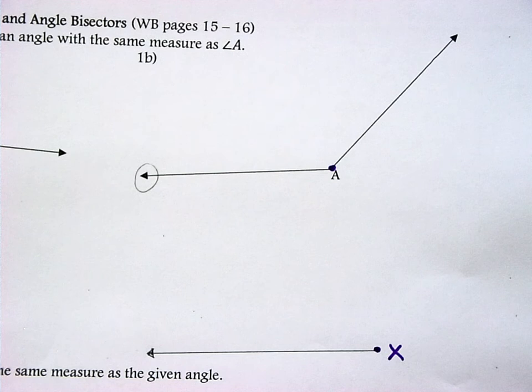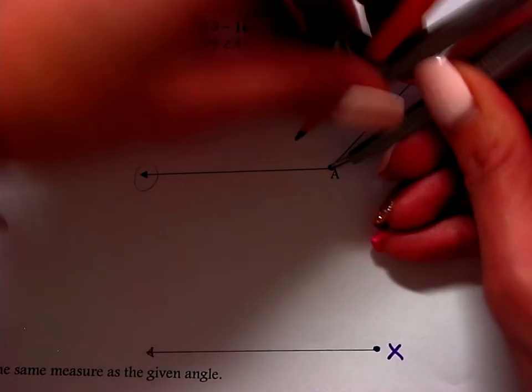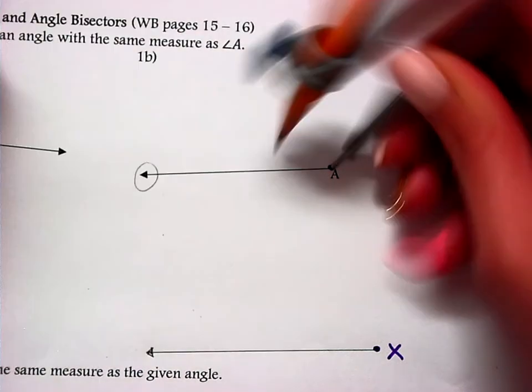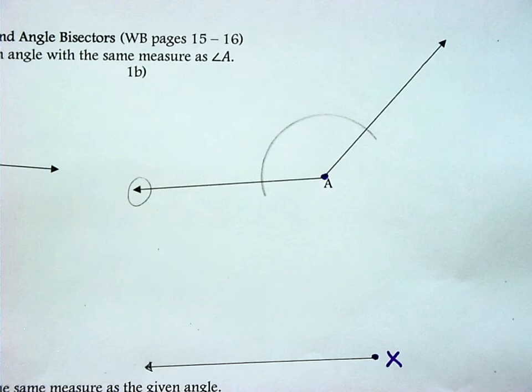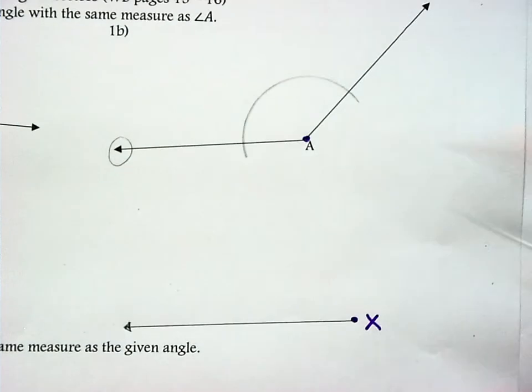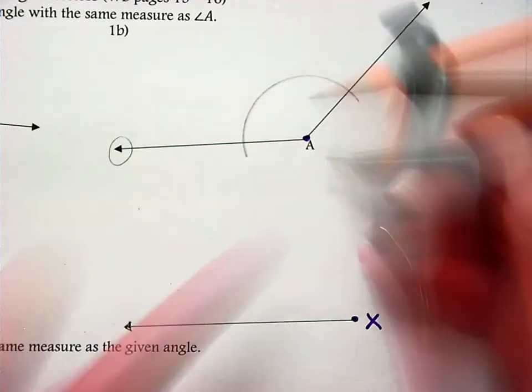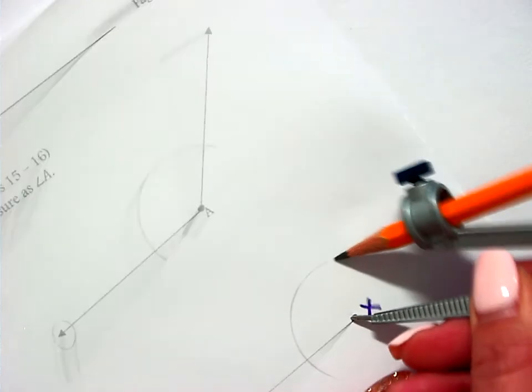The next step would be placing the sharp end on A. You can open as wide as you want to, as long as your arc hits both sides, which it did. And then remember, without changing the opening, you will sketch another arc that hits the ray you just sketched.